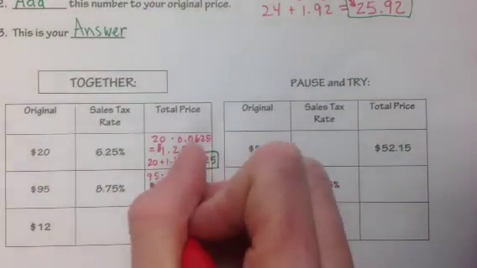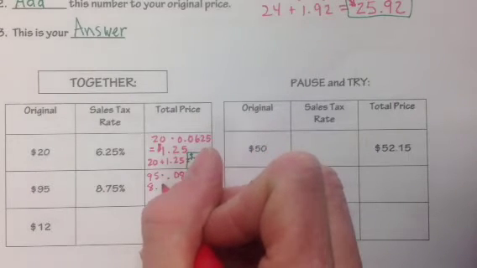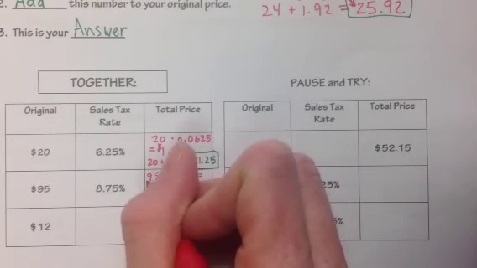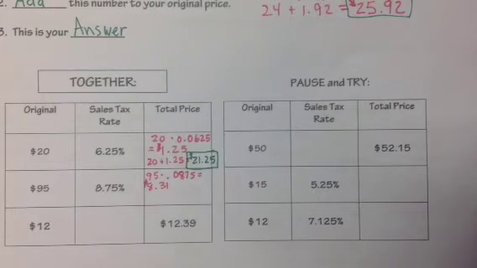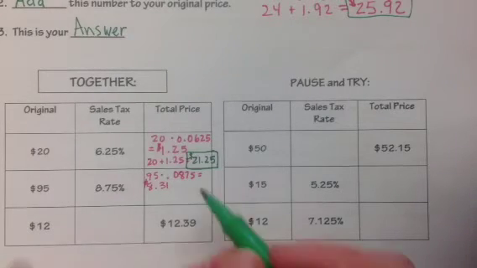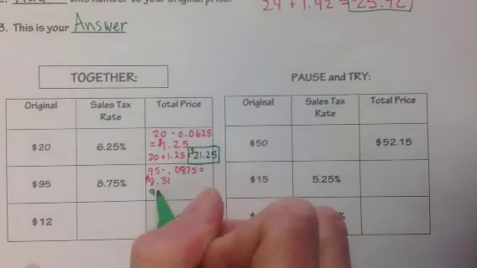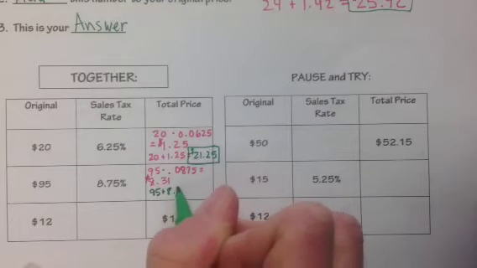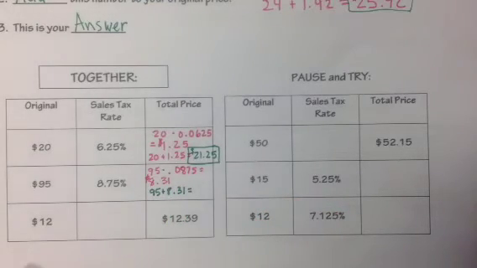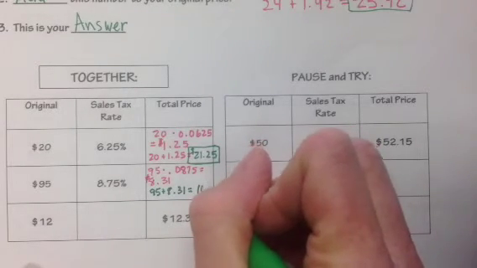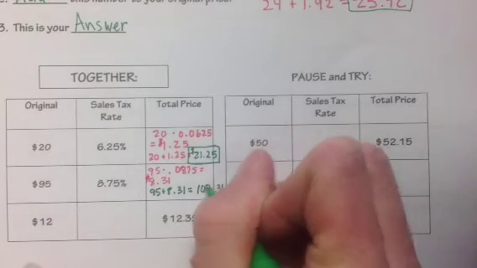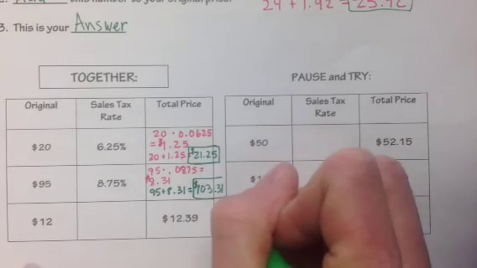And so I would say that gives me $8.31. Okay, now that's not my total price, that's just the amount of tax. So then I take my 95 plus my 8.31, and I get $103.31. And that is my answer.